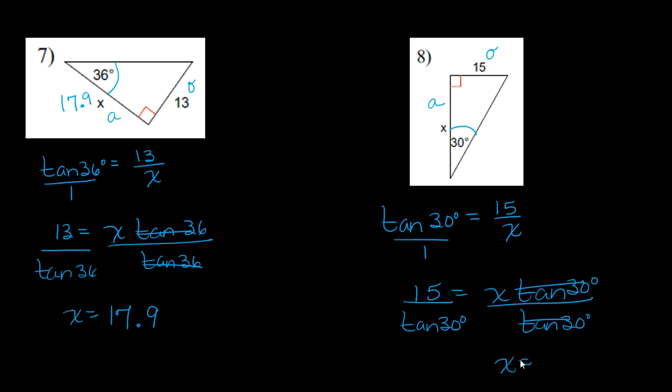And 15 over tangent 30 is going to give us 15 radical 3, but since we are rounding to the nearest tenth, it's 25.98. So that's going to round to 26, so about 26. So x is about 26.